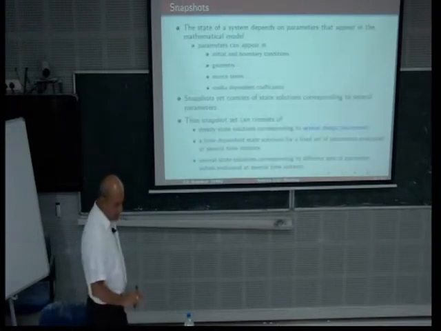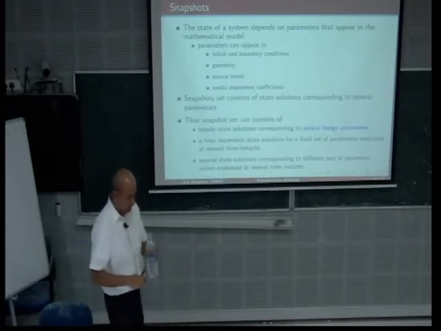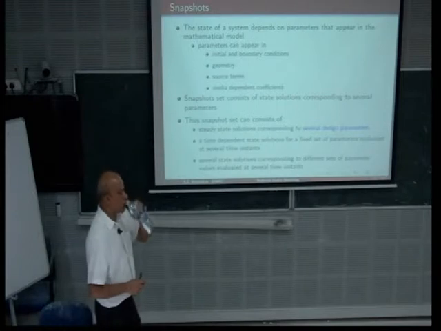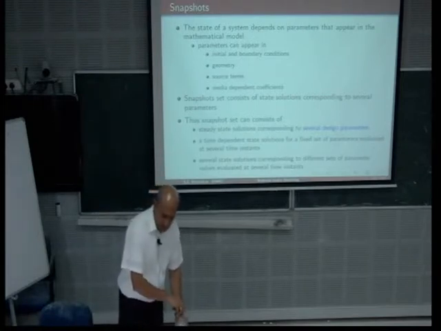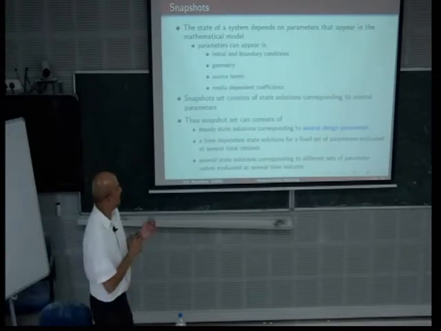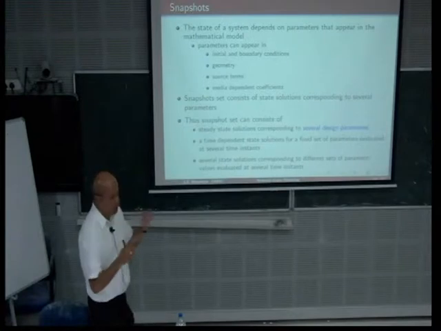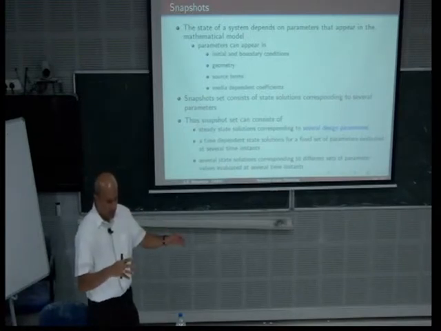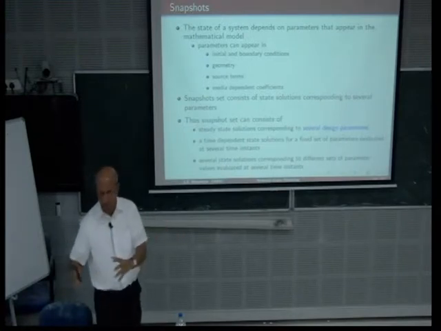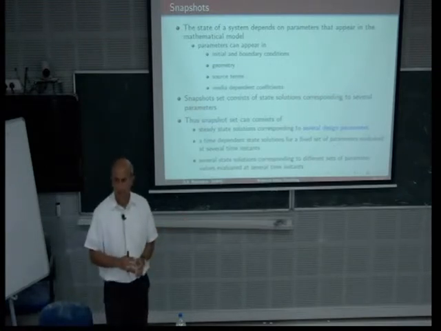Now, suppose you have a model that involves parameters. Then you have to take that into account. That is a challenge in reduced order modeling, because if you fix your parameters, generate snapshots and come up with a basis, then your basis is tied to the parameters that you used, right?